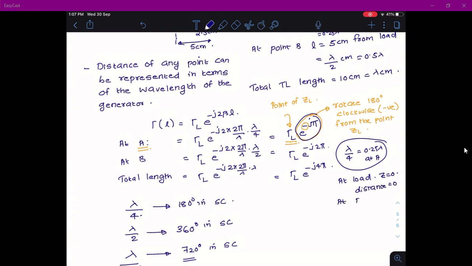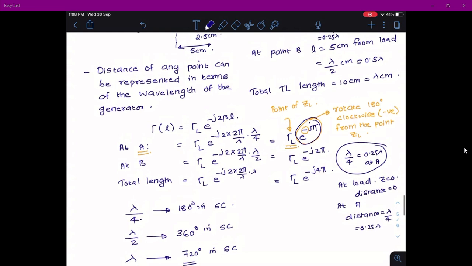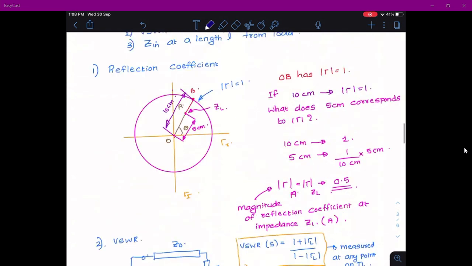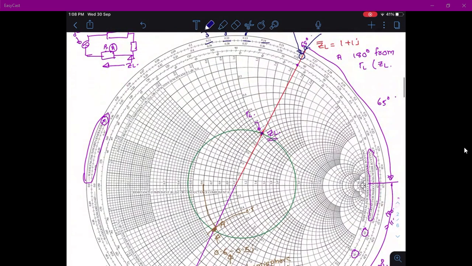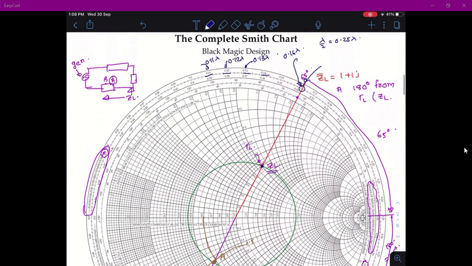At A, the distance is equal to lambda by 4, that is equal to 0.25 lambda. Okay, so at the load, which is the reference point, at 0.16 lambda your value of z is equal to 0.